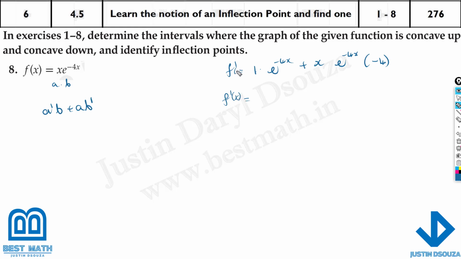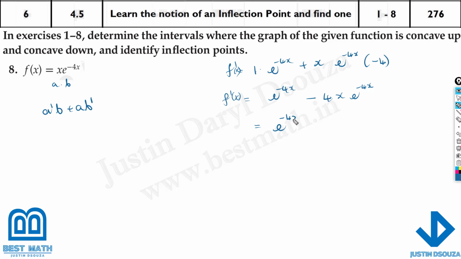So now let's simplify this. F derivative of x, we'll get e to the power minus 4x minus 4 times x e to the power minus 4x. Now I'm not going to leave it like this because again there's the product rule. Let me take these two terms outside, because even if I don't, I'll have a product rule here. It's going to be complicated, but I know these two are the same.